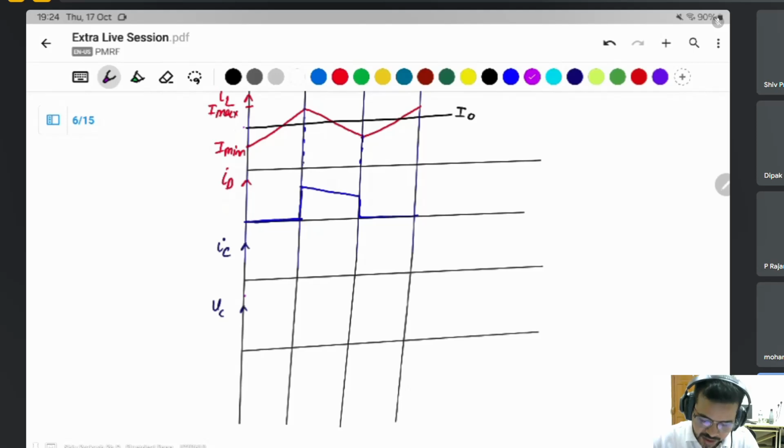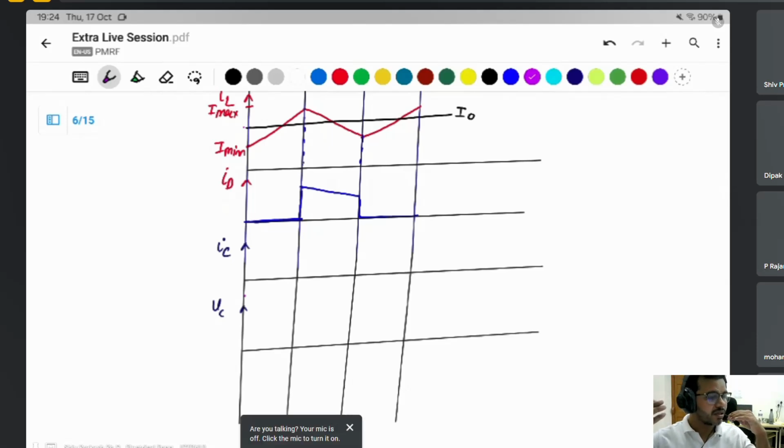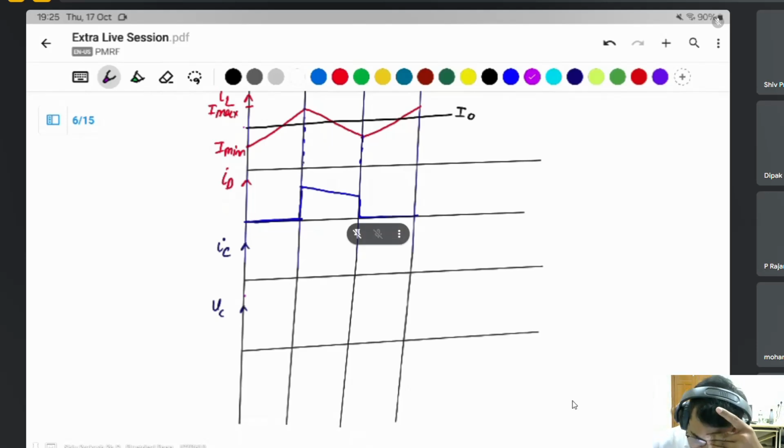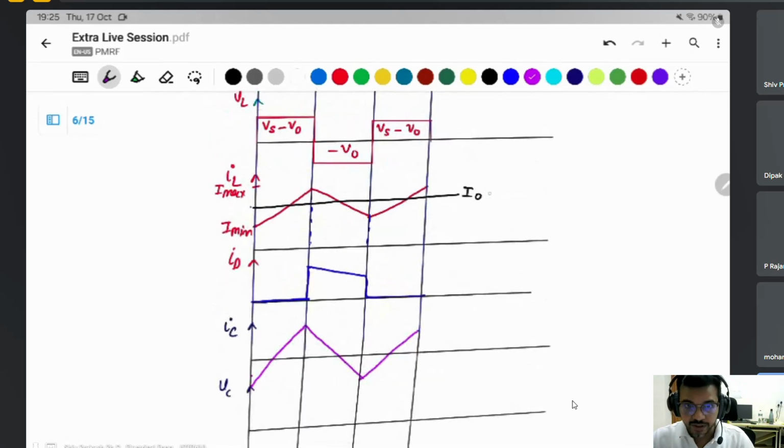This will be the 0 point for the capacitor current. This goes down. The same inductor current is flowing through it, starting from negative to positive because I naught is negative.